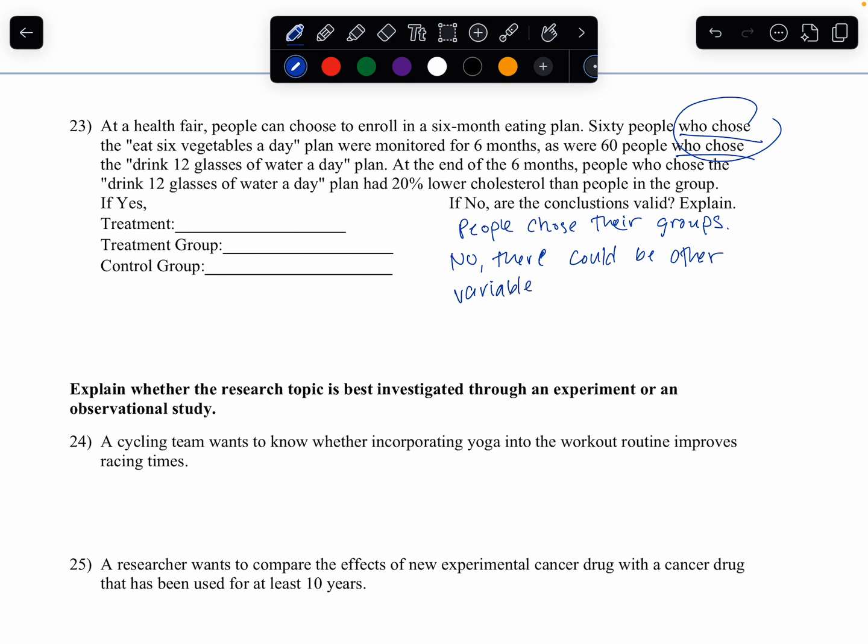There could be other variables as to why this group had 20% lower cholesterol. Maybe the people that drink 12 glasses of water a day are generally more healthy. They have different habits than the other group. They might not, but the thing is, we don't know because it wasn't random and those people chose.